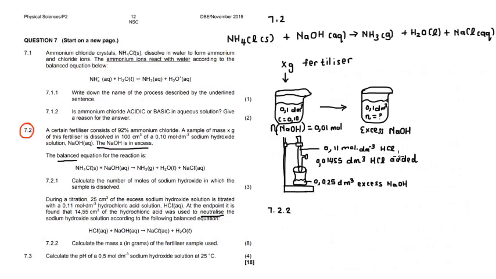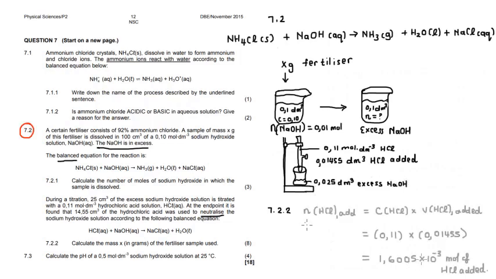Once we know the number of moles of hydrochloric acid that was added to this conical flask, we immediately know the number of moles of sodium hydroxide that were present in that conical flask. We can say that because of the 1-to-1 stoichiometric ratio between the hydrochloric acid and the sodium hydroxide in the balanced chemical equation that has been provided to us.